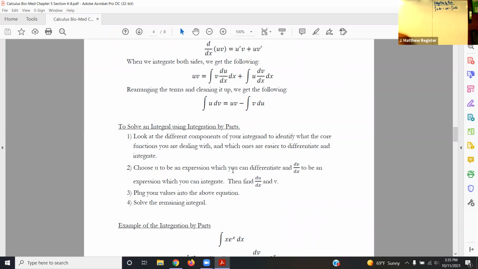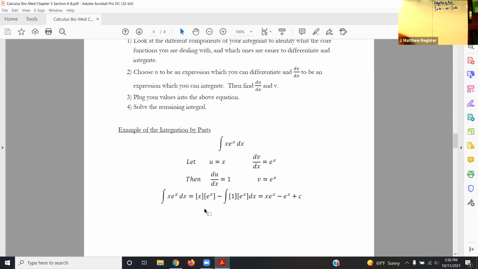Choose your u value to be an expression that you can differentiate and dv dx to be one which you can integrate. Then find du dx and v. Plug your values from dv dx, u, du dx, and v into this formula. And then just solve whatever remains. And you just keep doing this until you get your final answer.